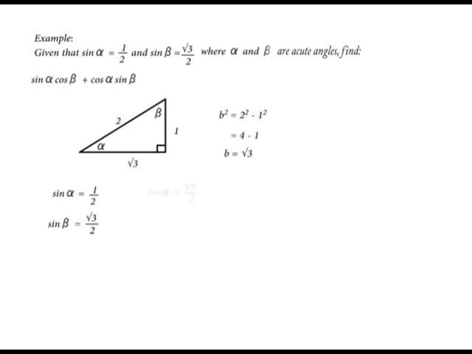Cos alpha will therefore be equal to root 3 over 2, adjacent over hypotenuse, and cos beta will be equal to 1 over 2. Therefore, we shall have 1 over 2 times 1 over 2 plus root 3 over 2 times root 3 over 2. That gives us 1 over 4 plus 3 over 4, and that is equal to 1.